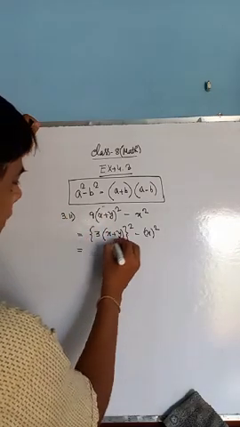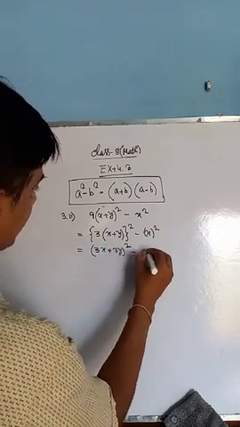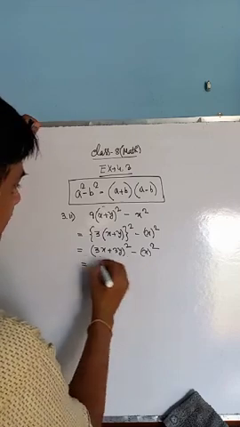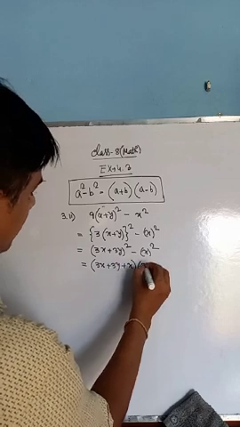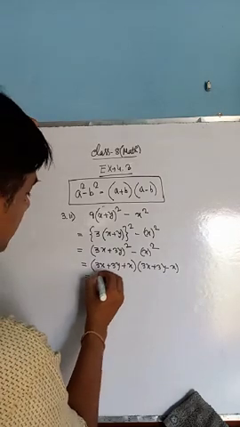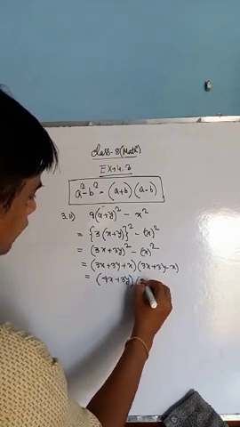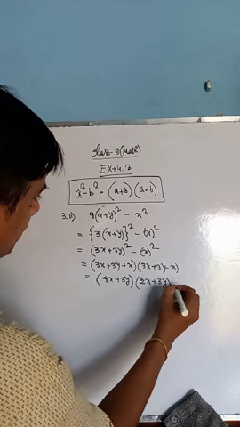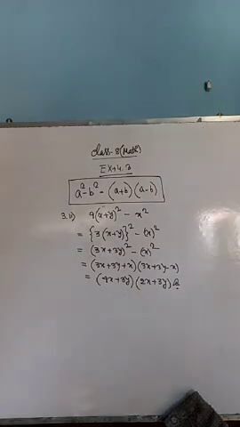Now multiply it: 3x plus 3y, that whole square, minus x whole square. a square minus b square, a plus b and a minus b. Do the calculation: 3x plus x is 4x plus 3y, and here 2x plus 3y.